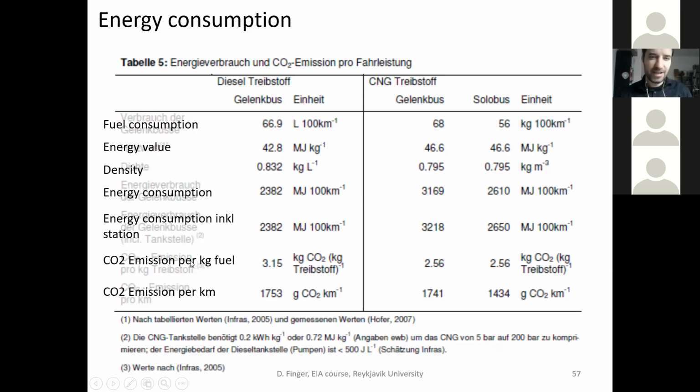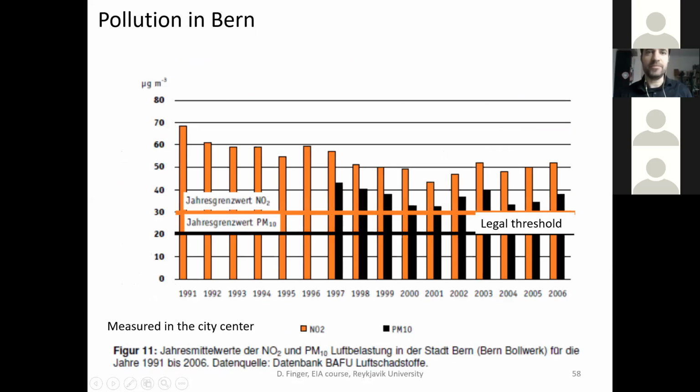But this has to be considered carefully because they also use slightly more fuel than the diesel buses, like seen up here. So this has to be assessed within a life cycle analysis, which I will get back to.